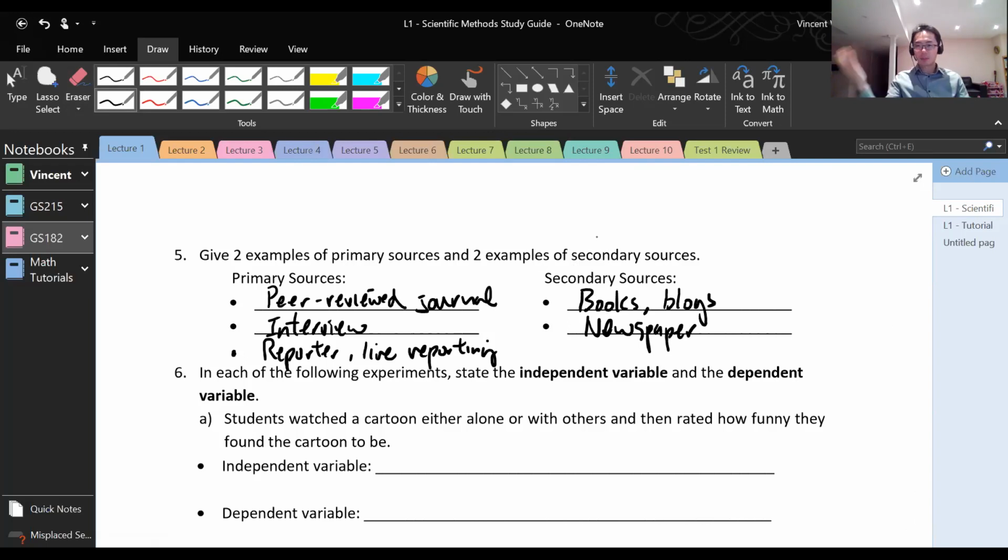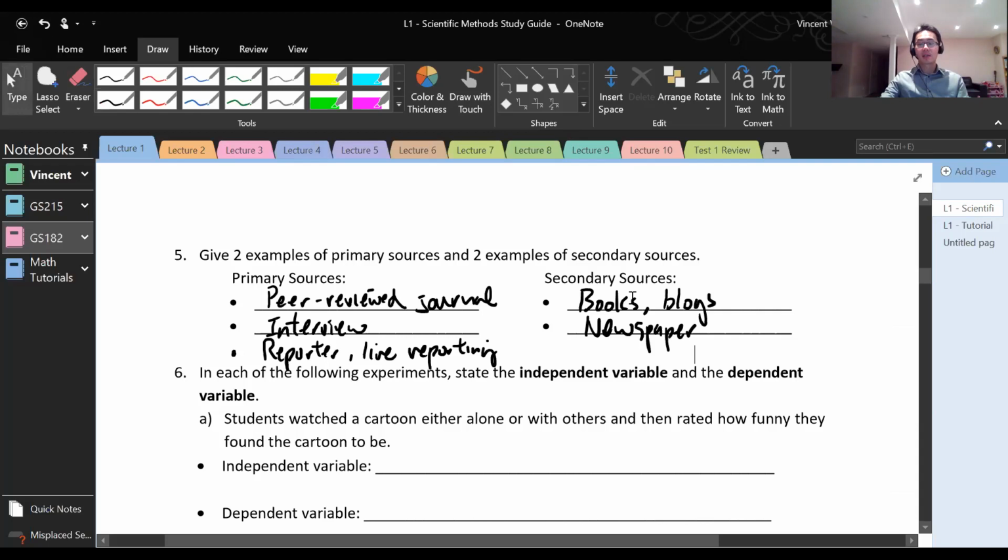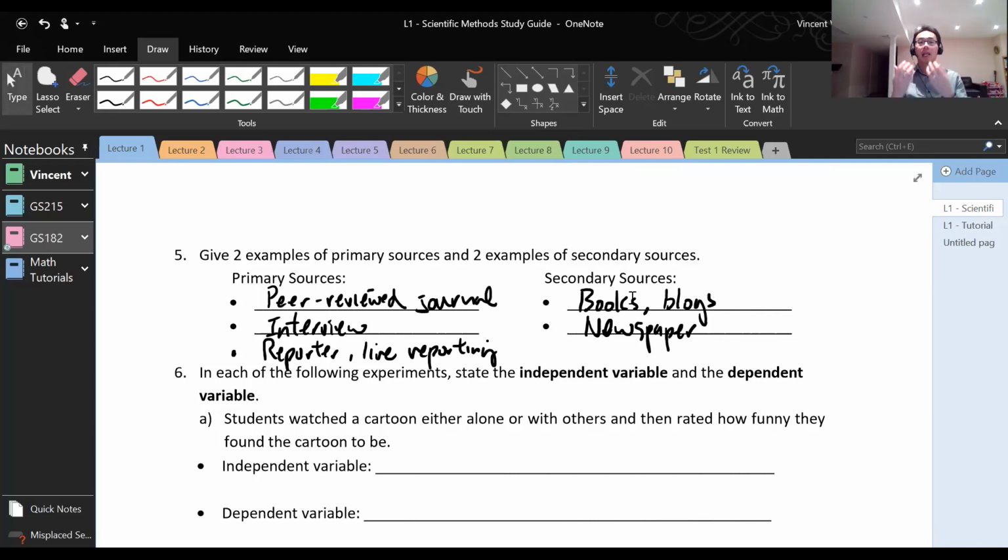He learned it somewhere, he read it somewhere. So that's a secondary source. Okay, and again, articles, where someone asks, is an article primary or secondary? It depends on the nature of the article, right? Like I said, if I did the experiment and then I published the result in an article, that is a primary source. If my article is about someone else's work, then it could be a secondary source, right?